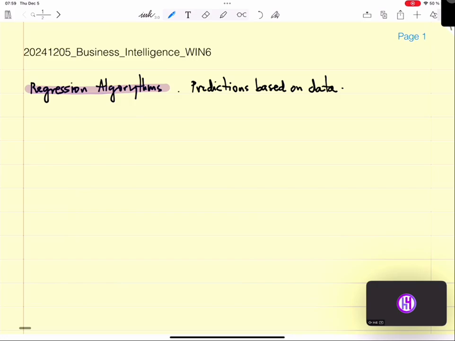We will look at three algorithms. The first one will be the linear regression. The second one will be the polynomial regression, and the third one will be the logistic regression.